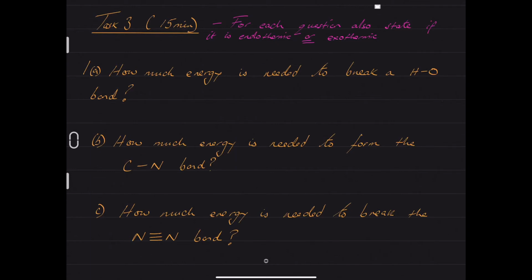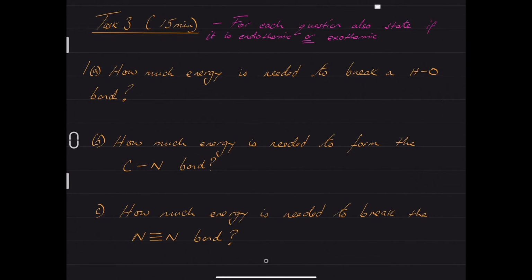So the first question, how much energy is needed to break a hydrogen atom bonded to an oxygen atom? So how much energy is needed to break a hydrogen atom bonded to an oxygen atom? How much energy is needed to break it? And I want you to tell me if it's exothermic or endothermic.